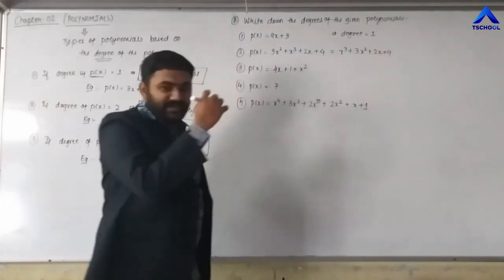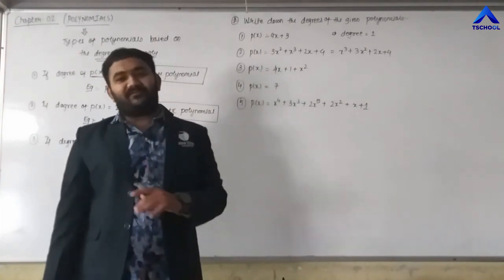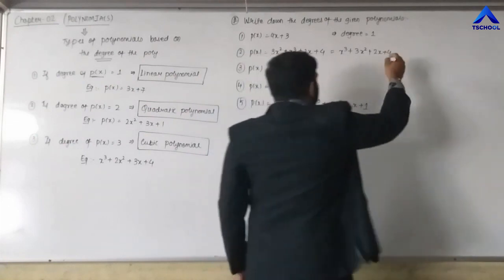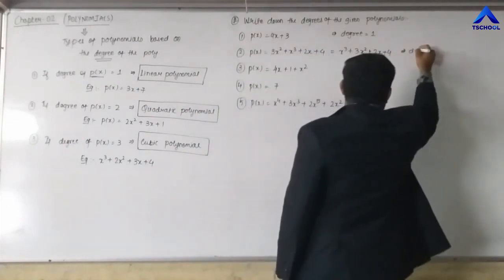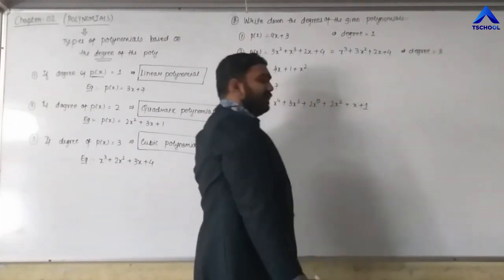Good. Are you getting this? So if I get this polynomial, it would be easier for me to get the degree of the polynomial. So here the degree is equal to 3. Is it clear?